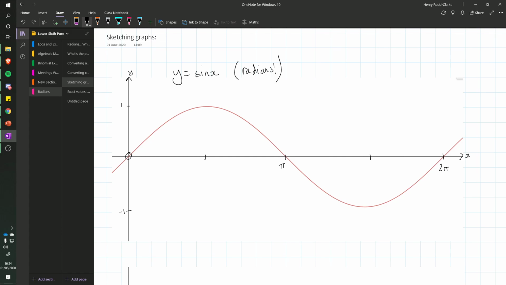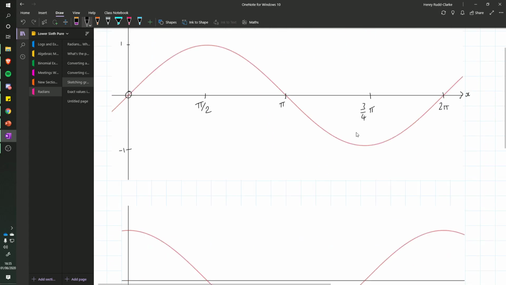And then we just fill in the rest of it. This is a halfway point, so this must be pi over 2. And 270 degrees is 3/4 pi. Okay, so that's all you need to do to sketch this in radians. Let's just write it as 3/4 pi like that.